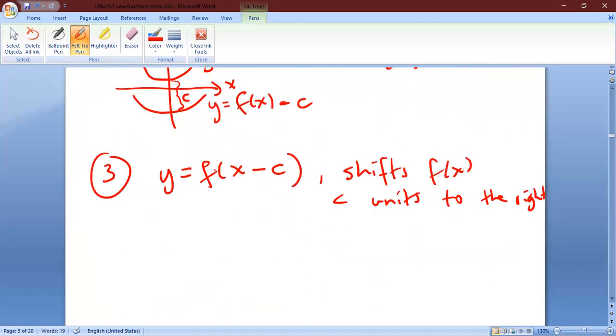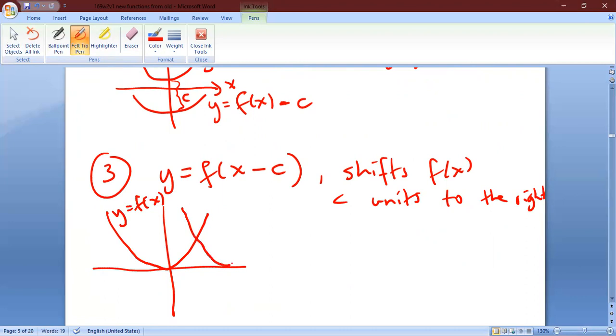So it's going to be something like this. If this is y equals f of x, and we shift it by c, then it's going to give us this function.